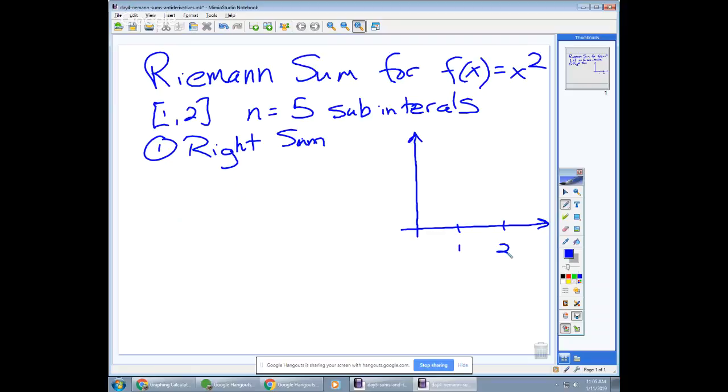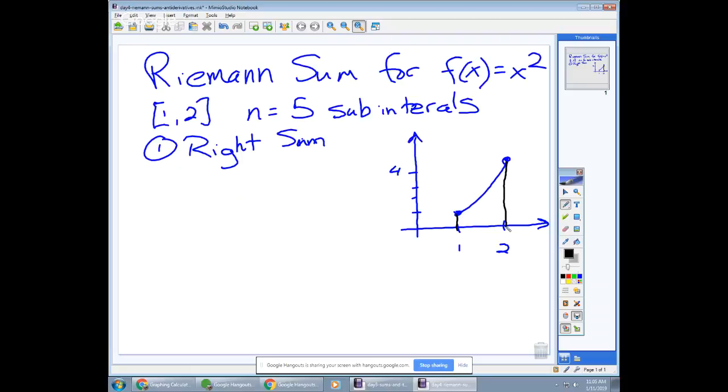If I plug in 2, I get 4. That's really all I care about from the function, that chunk there. I'm trying to approximate that area. That's the point of the Riemann sum.